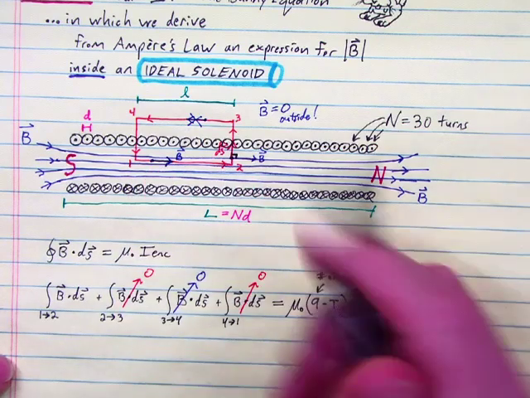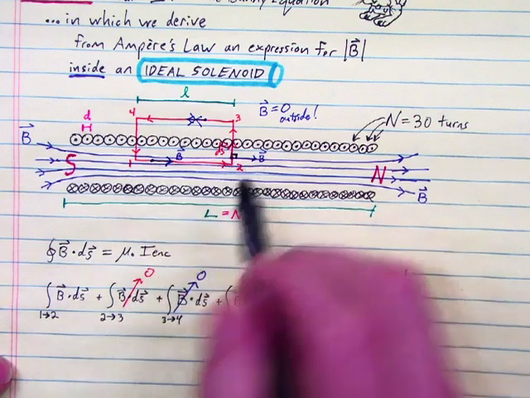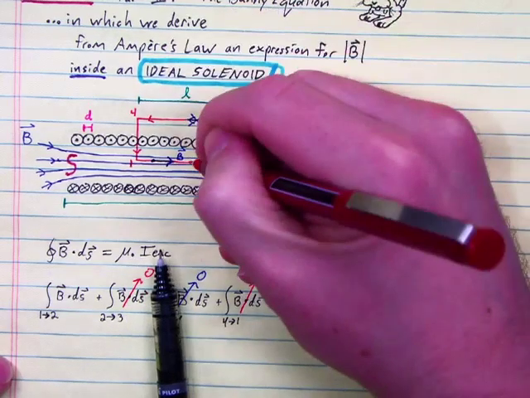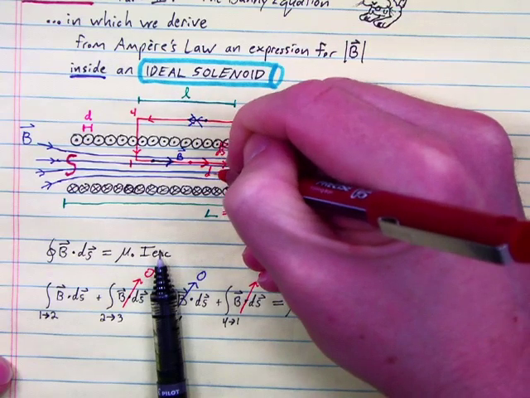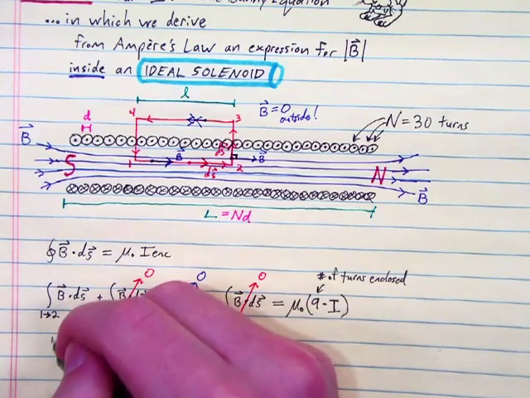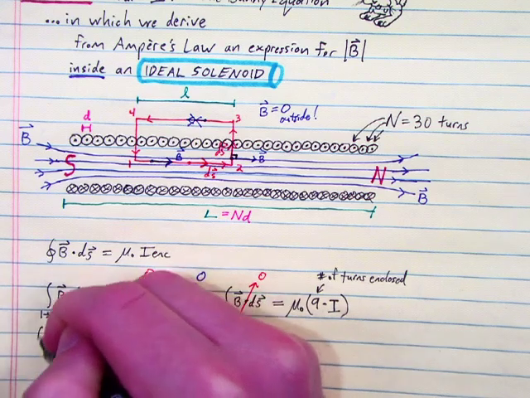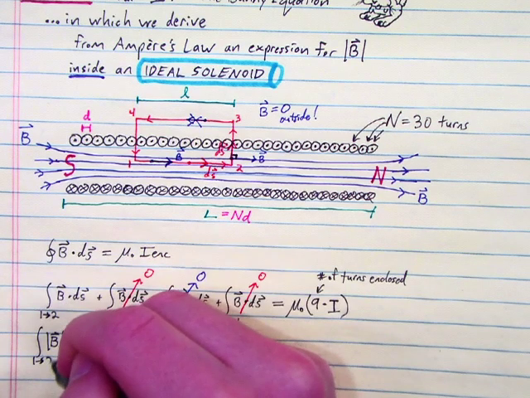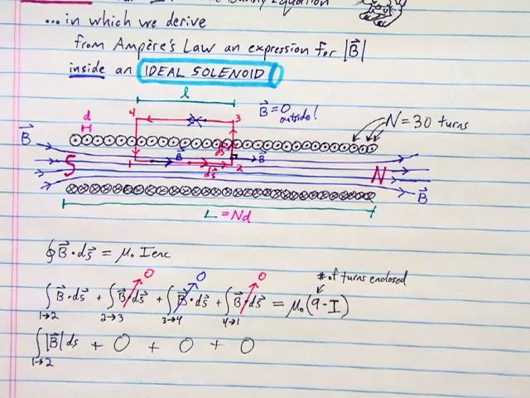Okay, so we know B is uniform on the inside, so B has the same value everywhere along that path from 1 to 2, and B is parallel to our ds's from 1 to 2, so our dot product just gives us a plus 1 from the cosine of 0 degrees between them. So integral from 1 to 2 of B dot ds, plus all those zeros.